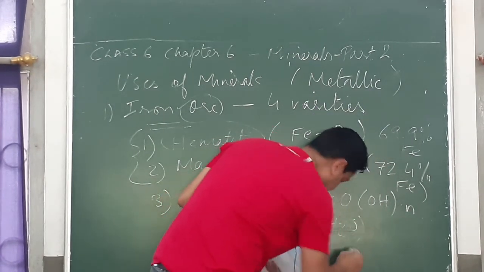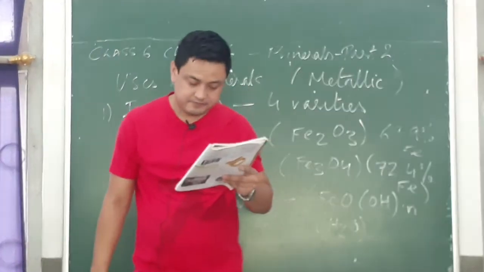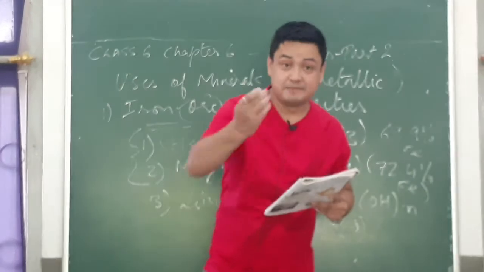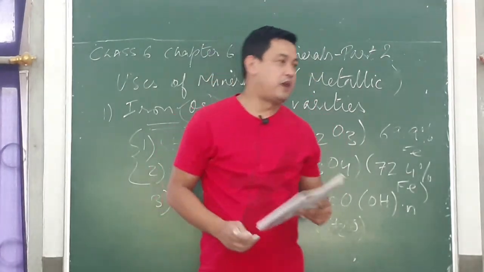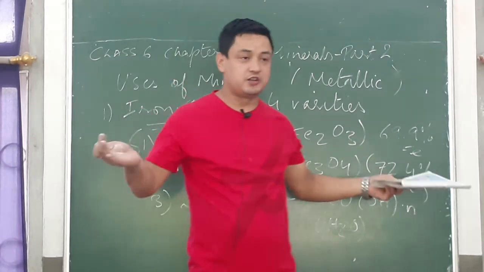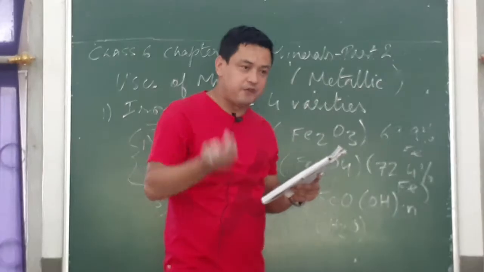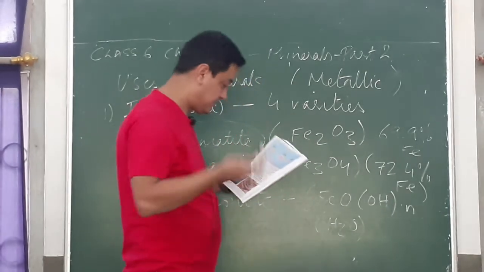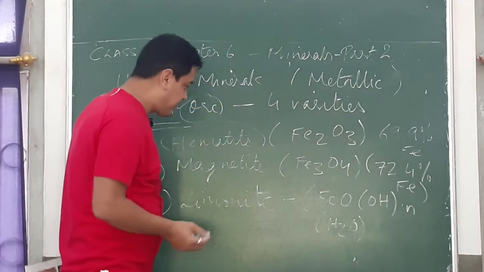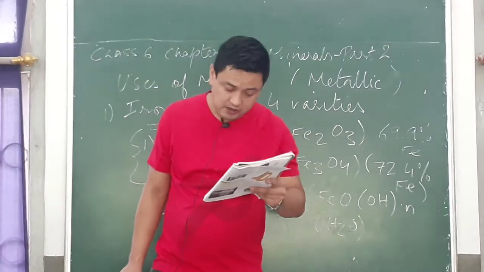It covers actually 50% of iron, which is found in sedimentary rock. The sediments which have been brought down by the rivers and deposited in the riverbeds, banks of the river, etc. So limonite is found in the riverbeds, in the sedimentary rock. So where is it found? This limonite is found in Uttar Pradesh and Himachal Pradesh.